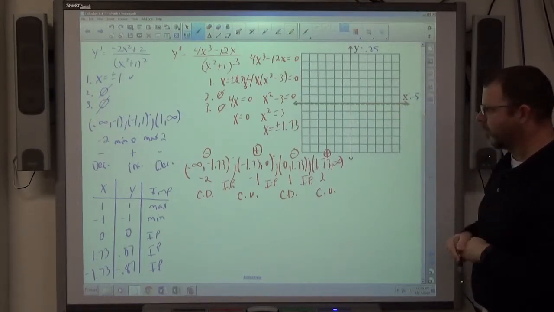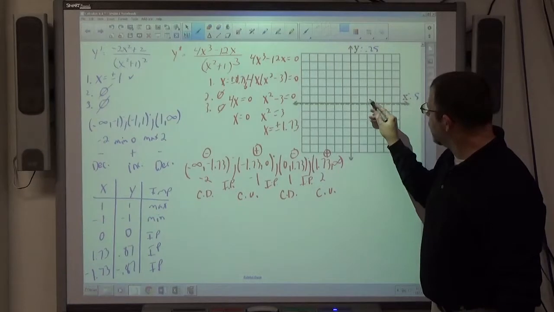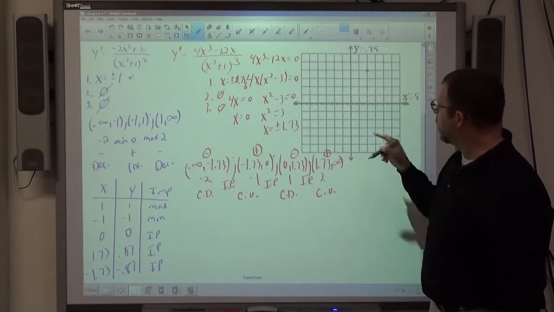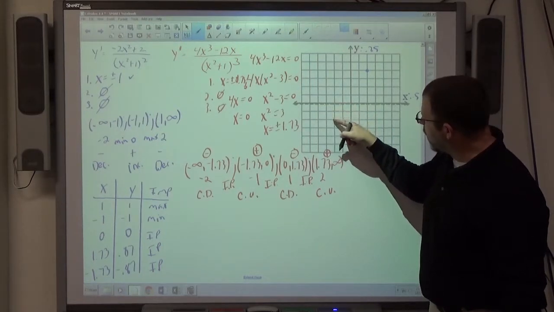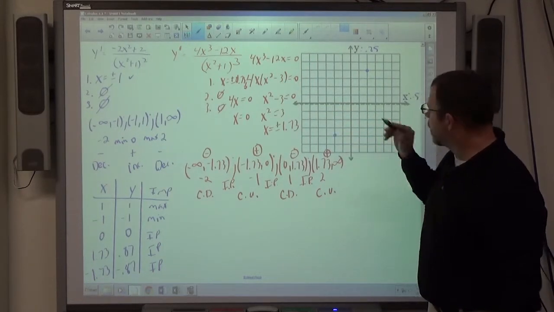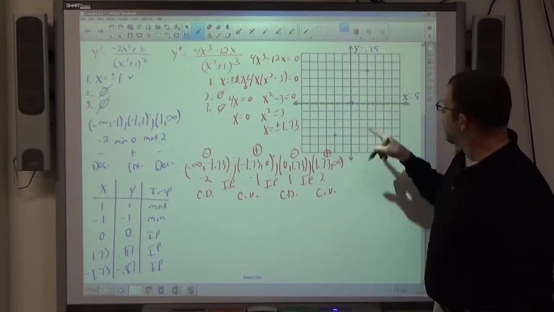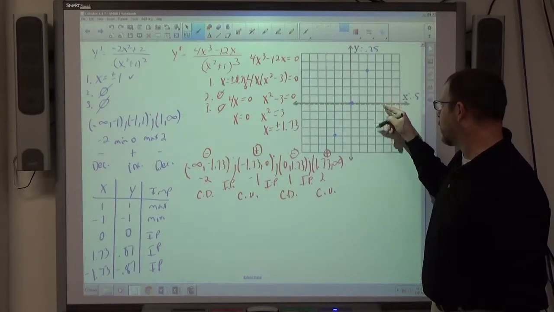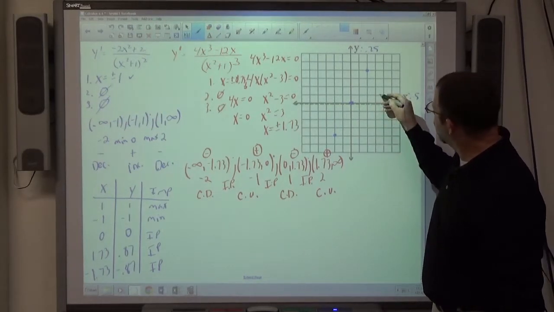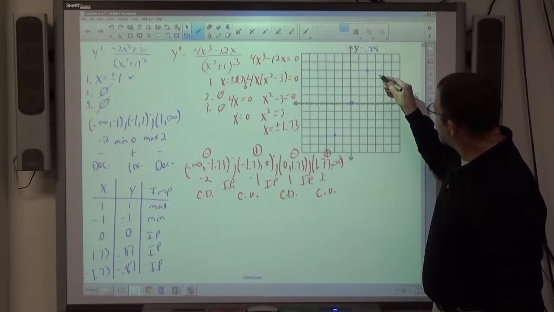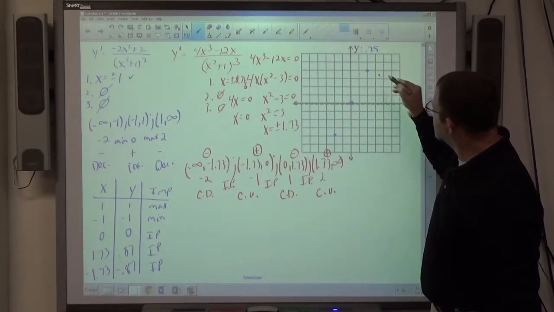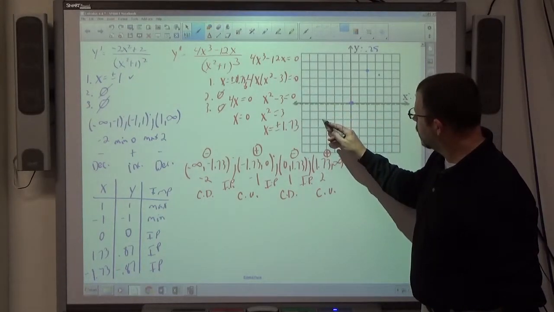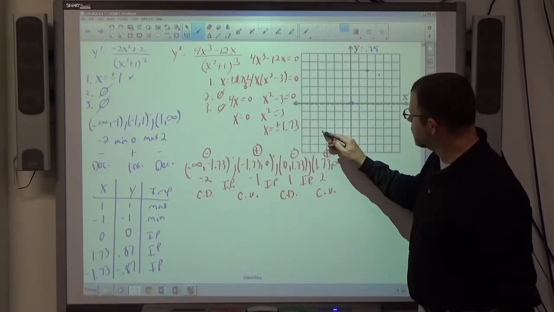So 0.5, 1, and negative 0.5, negative 1, with y at 0.25, 0.5, 0.75, 1. 0, 0, simple. 1.73 would be here. 0.87 would be about here. And negative 1.73, negative 0.87 would be about here.